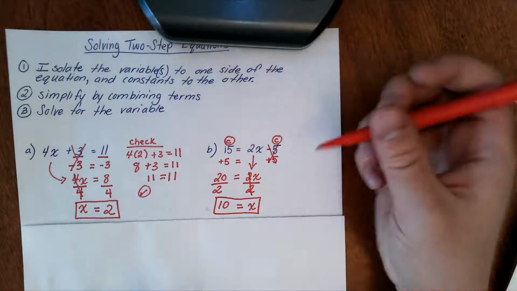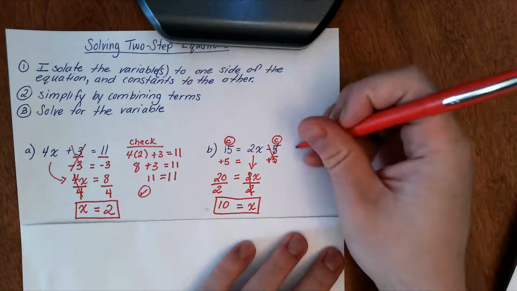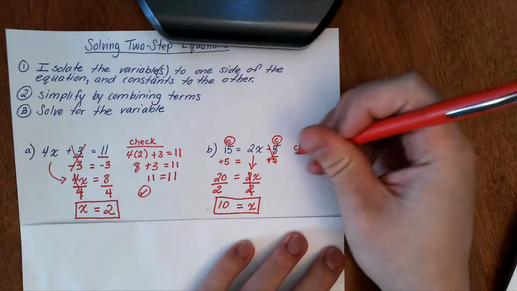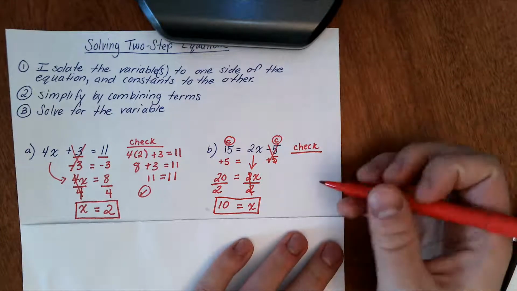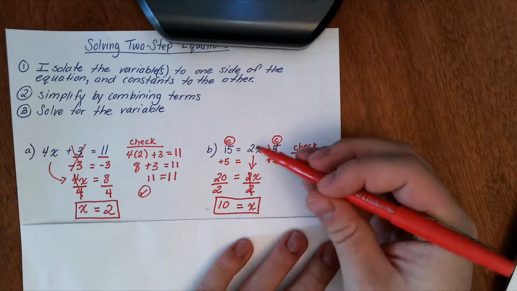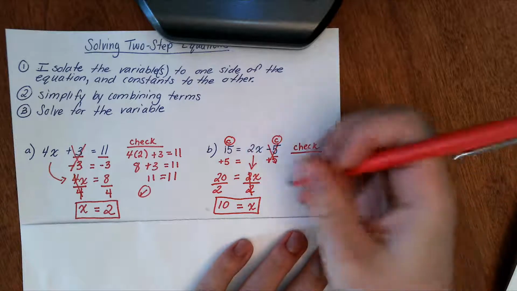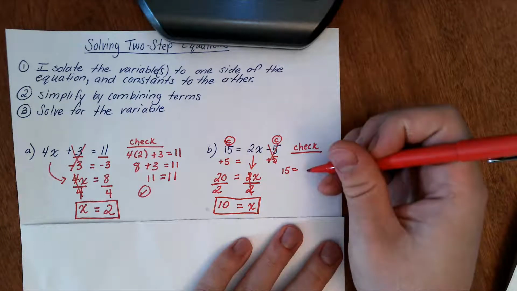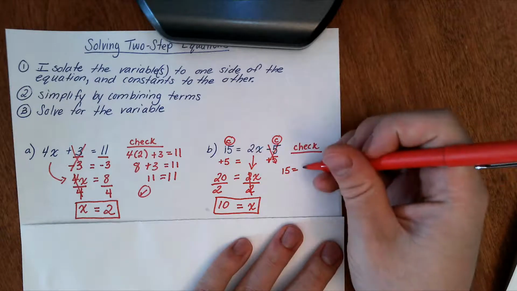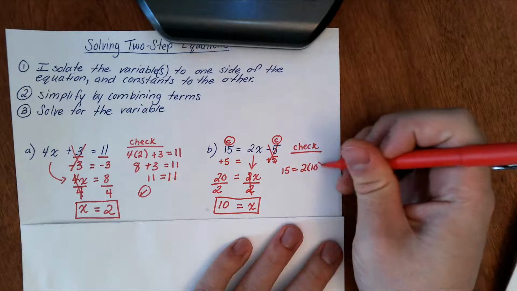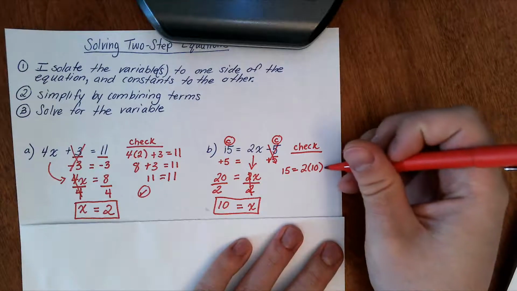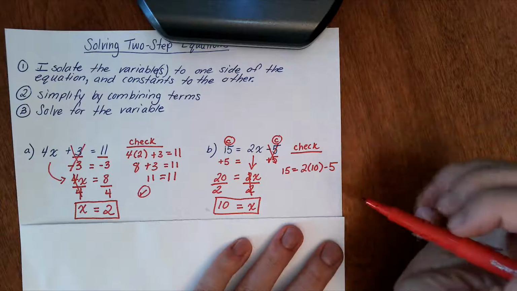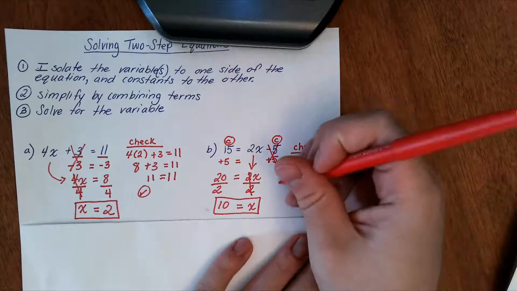Okay. And again, we can perform a check here just to make sure that we have the correct answer. So if I put 10 in where x was in my original equation, so my original equation was 15 equals 2 times x. So I'm going to put a 10 there instead and see if these two sides actually indeed equal each other. Okay.